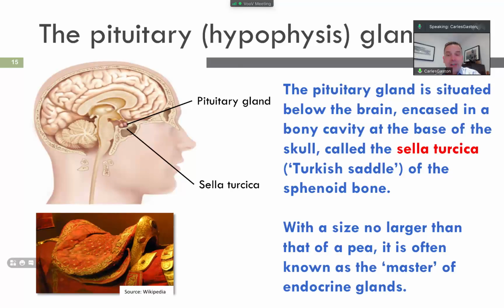It's the size of a pea and is known as the master regulator of endocrine glands. The reason is that the pituitary gland secretes hormones that control loads of different organs, which in turn will secrete more hormones which will feed back and give information to the brain.